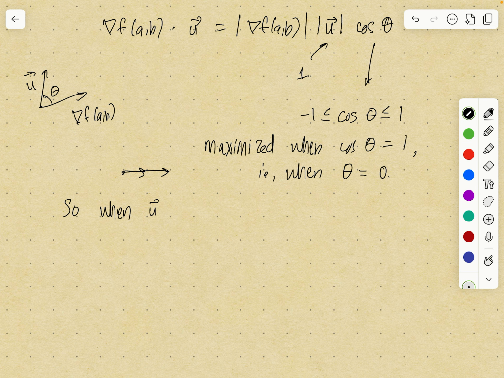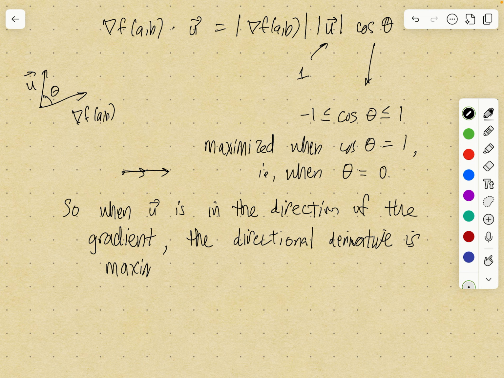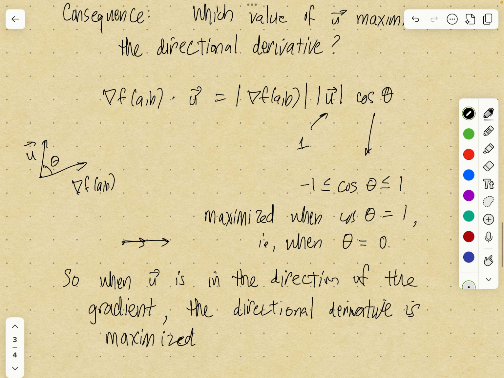So when u is in the direction of the gradient, okay, when u is pointing in the same direction as the gradient vector, then the directional derivative is maximized. So the direction of the gradient, meaning the gradient evaluated at a comma b, that vector.